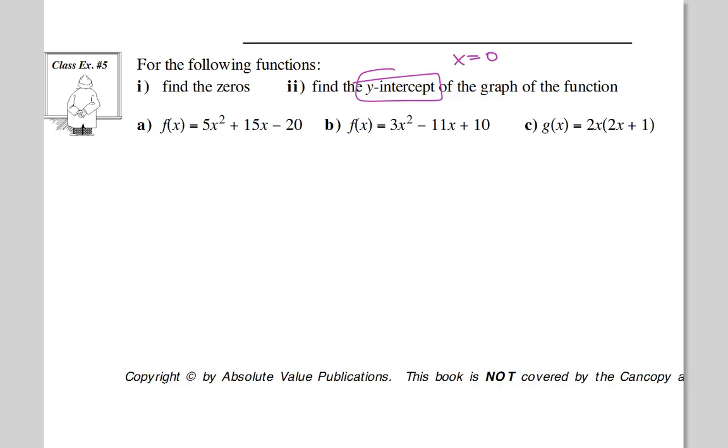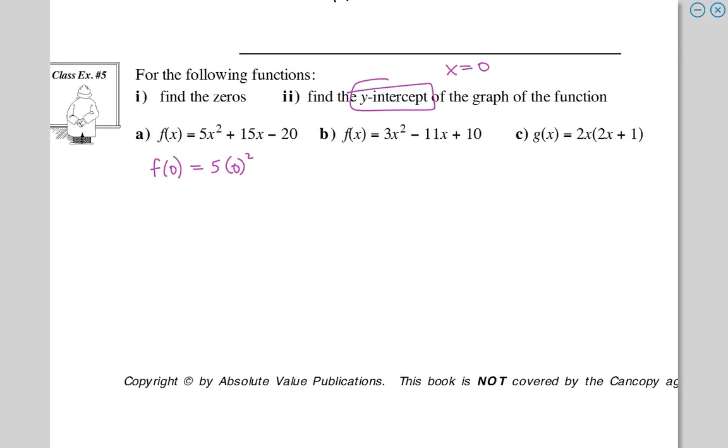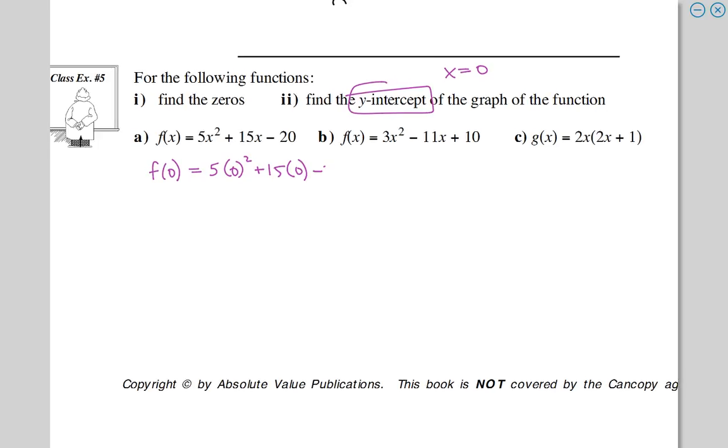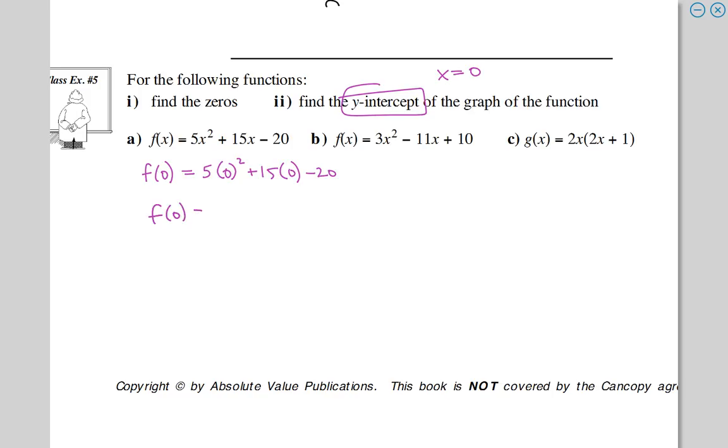So check this out. F at 0 would be 5 times 0 squared plus 15 times 0 minus 20. F at 0 is minus 20.